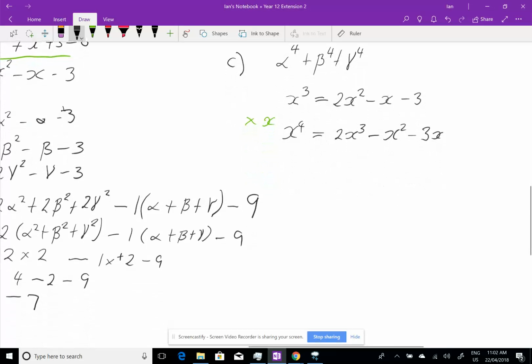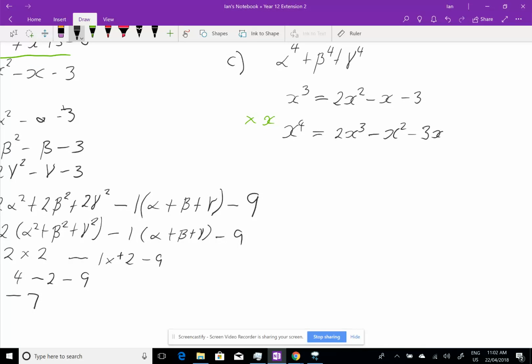And again, since we know the roots are alpha, beta, and gamma, we can just substitute them in. So, and we'll know it'll hold true. So alpha to the 4 equals 2 alpha cubed, and you can see where this is going, minus alpha squared minus 3 alpha. And we'll do beta.